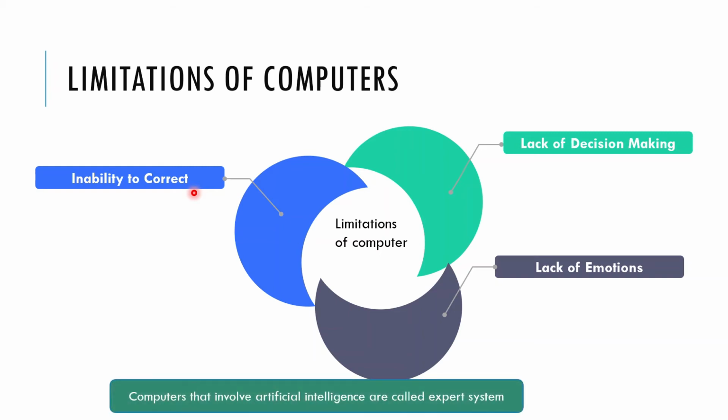So an expert system is a computer system that has the decision making ability like humans. So these are some of the limitations of computer, and you need to remember what an expert system is. Computers that involve artificial intelligence are called expert systems.